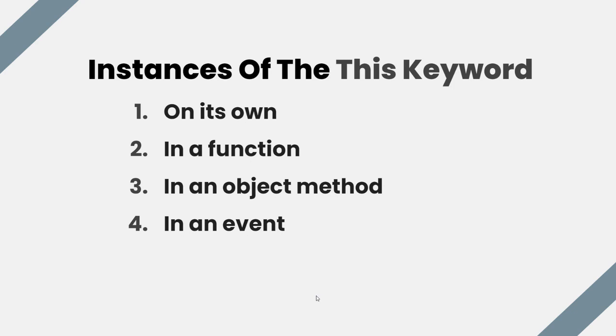And lastly, we can have this keyword within an event. I believe many of us might not know what an event is, but an event basically means a particular thing that occurs in your code. Events here are things that happen to HTML elements.